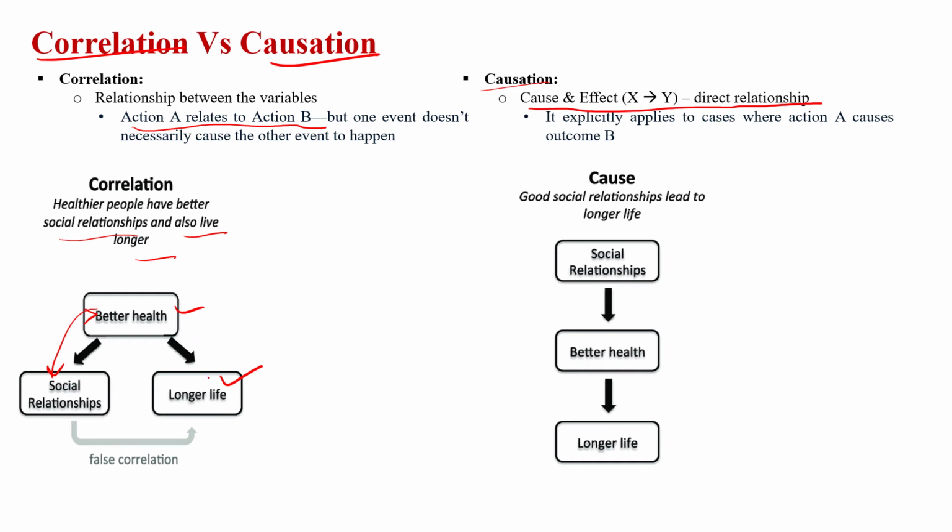But there is no direct relationship between social relationship and long life. But we can say that if you have a good social relationship, then you may have a longer life, because social relationship causes better health and it leads to a longer life. That is basically what causing something else means.